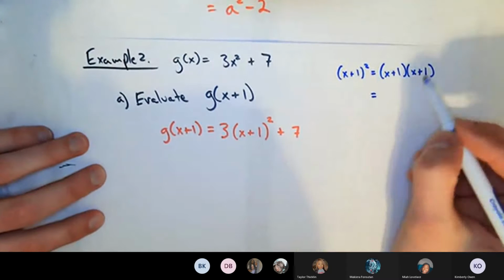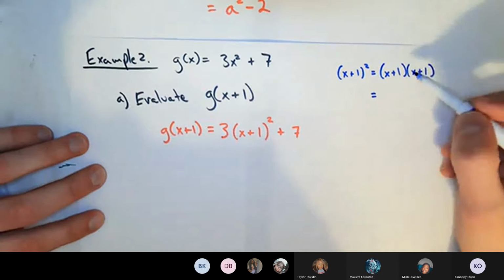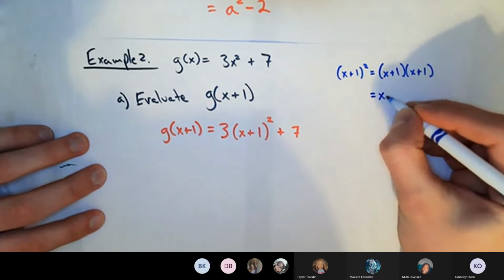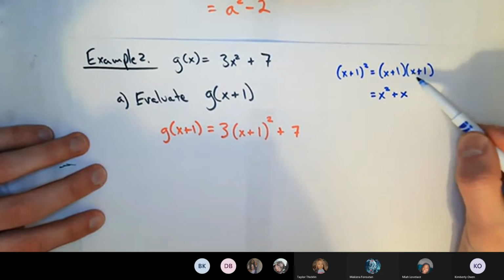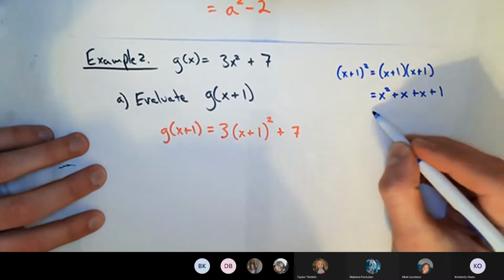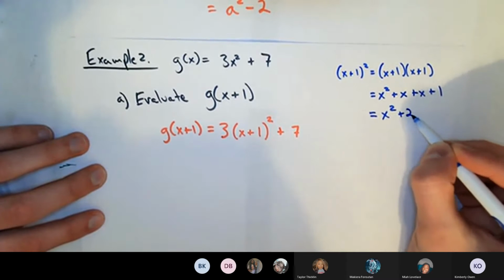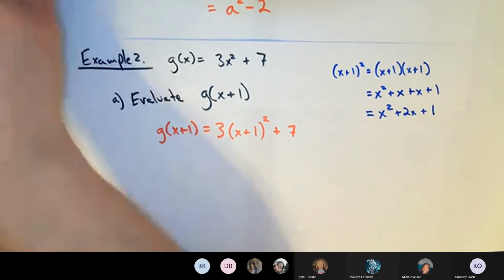So x plus 1 all squared means this whole thing times itself. So we have to distribute the x, and so we're getting x squared plus another x, and then moving to the 1 and distributing it. 1 times x is x, and then 1 times 1 is 1. So we're getting x squared plus 2x plus 1. Okay, just doing that off on the side.